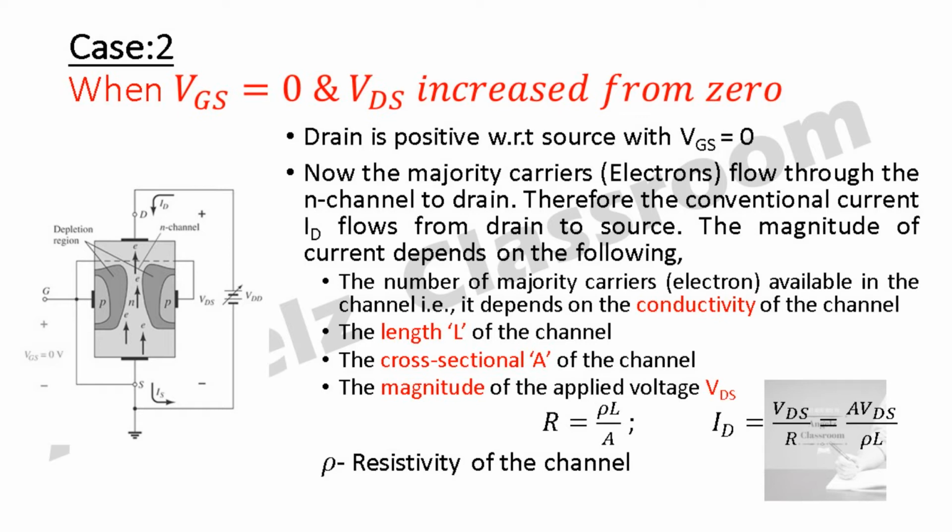From this the resistance can be written as rho into length divided by A, where rho is the resistivity of the channel. The drain current can be determined as the ratio of drain source voltage to the resistance. We already have the resistance value. Now substitute that resistance value in this drain current. Finally we will have the drain current equation as A into VDS divided by rho into L.